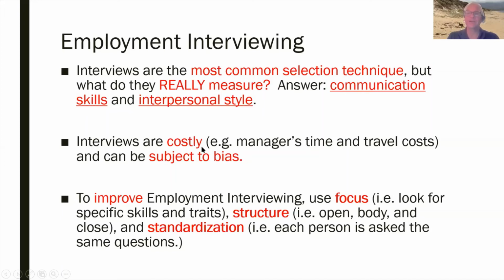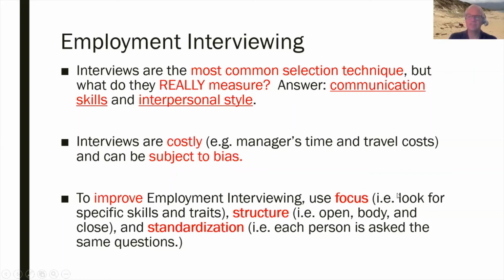Or primacy bias: if they say one thing a lot, you'll glom onto that particular one. So there's a number of different biases that come into play in interviewing, more so than in a lot of other selection processes.